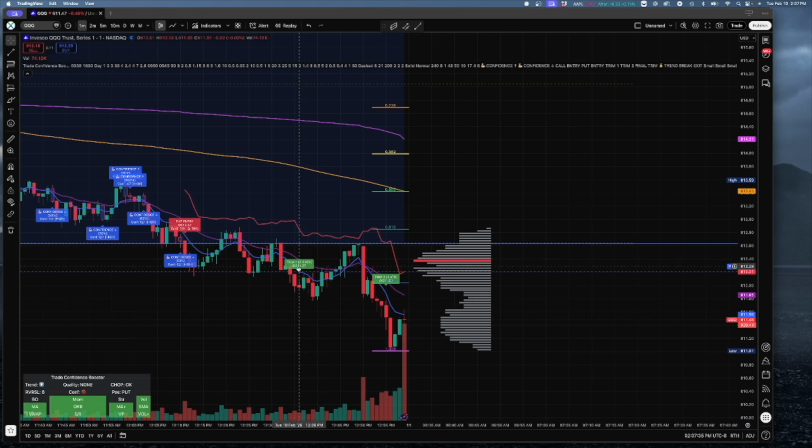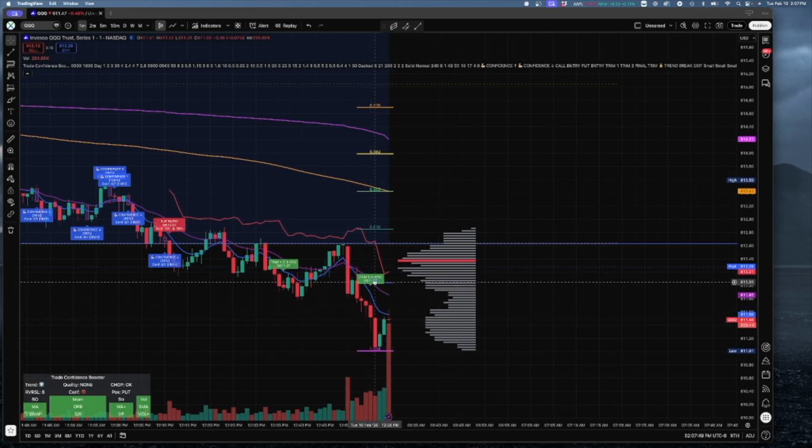It told you to trim to protect some profits, or you can move your stop loss at that point if you only have one contract in there. But again, it went up above, still didn't break, and went all the way down for a second trim, and then the day ended. So unfortunately, we didn't get to see what would happen. But hopefully by this time, you're completely out of all your contracts.